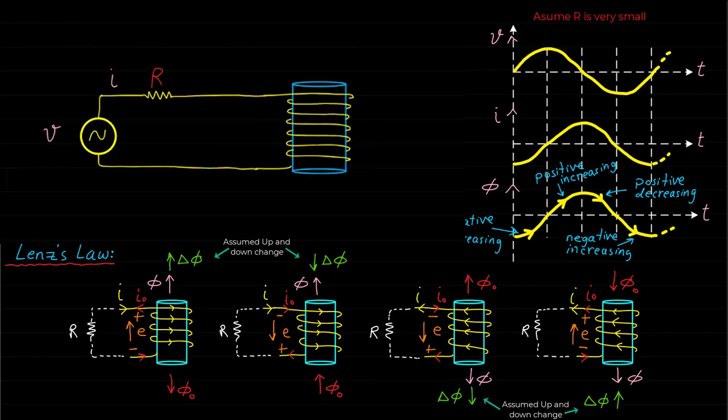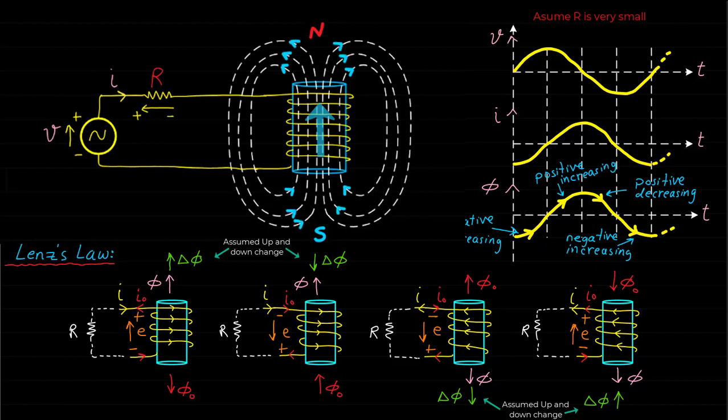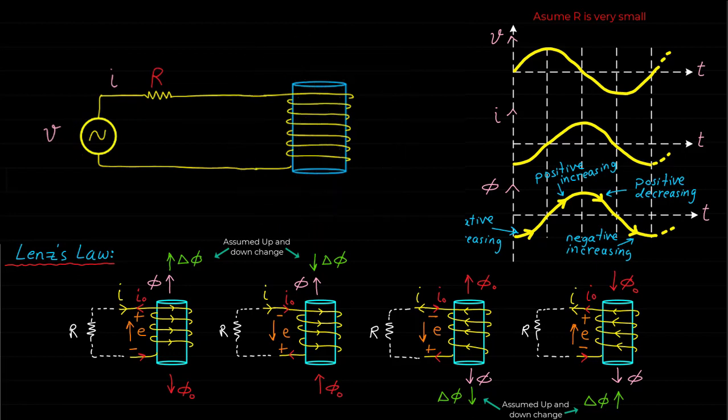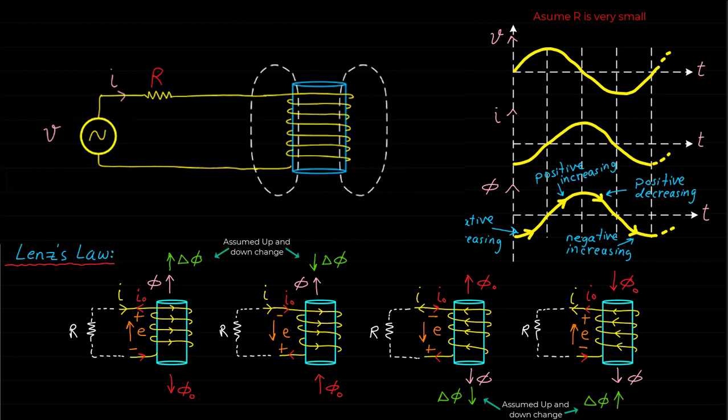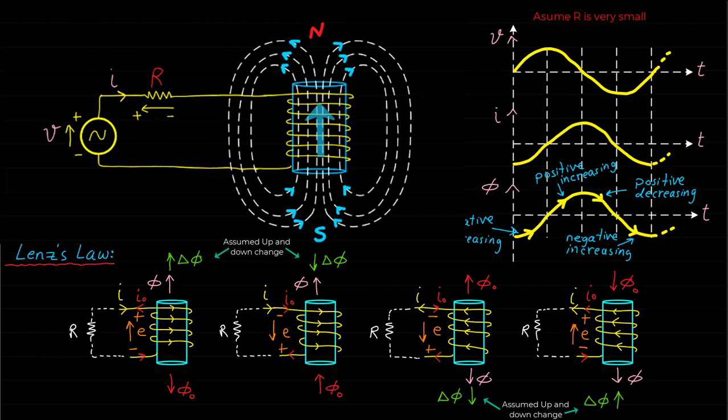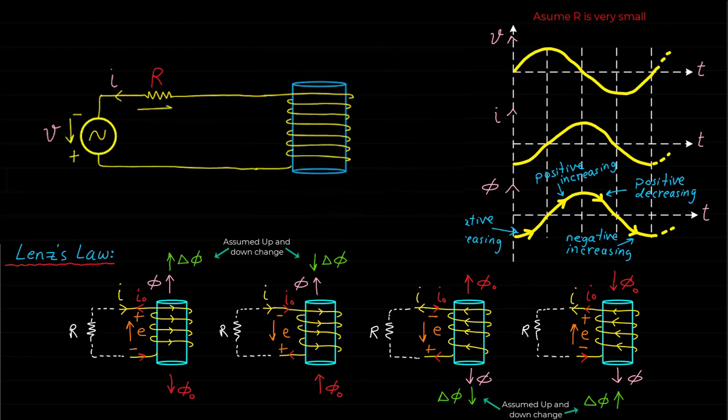I need to mention here again that when an AC source is applied to a magnetic circuit, the voltage, current, and magnetic field are changing in magnitude and polarity with time. In other words, these voltage, current, and magnetic field are time-varying variables.